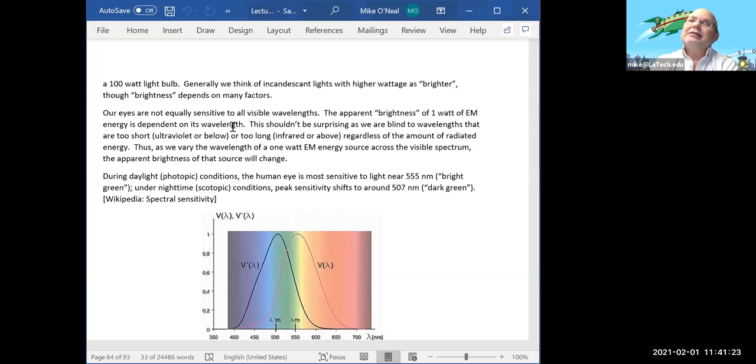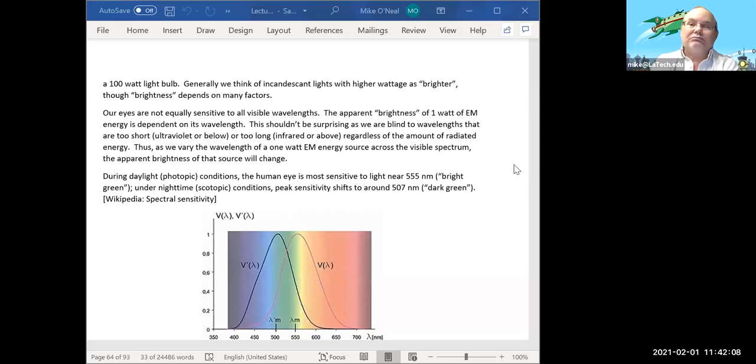So let's say to reach a particular level of brightness in fixed conditions, so the level of the lighting in the room, whatever, all that's the same. But to get a particular level of brightness of red light is going to require more energy than to get that same level of brightness from green light.